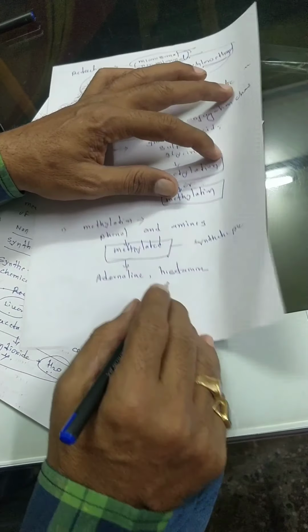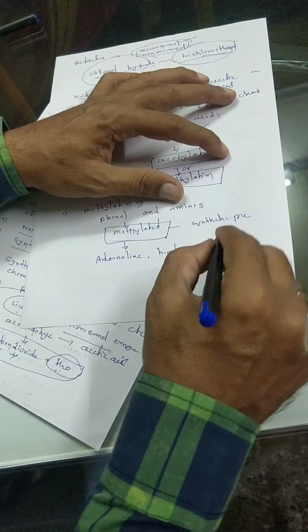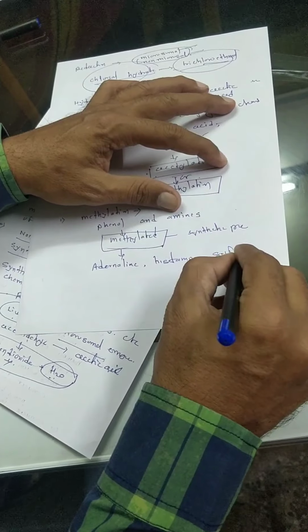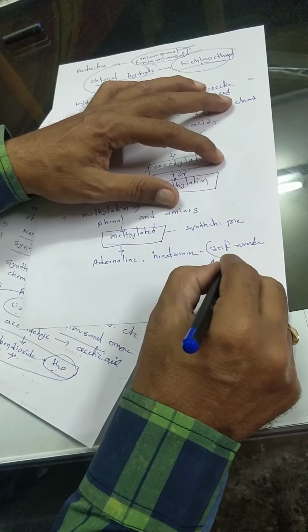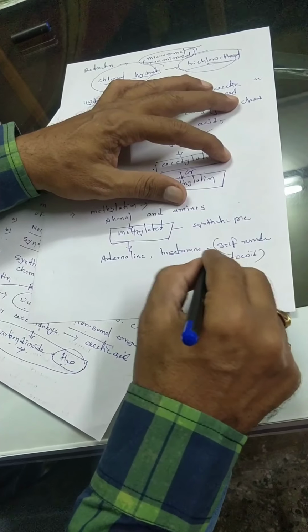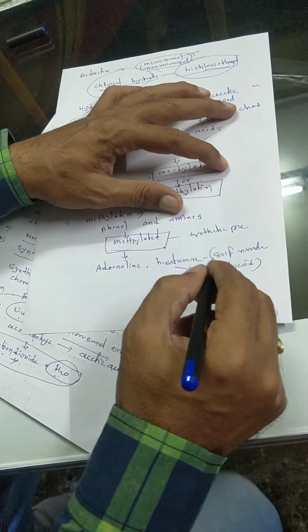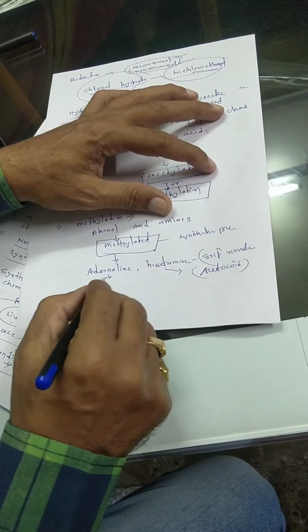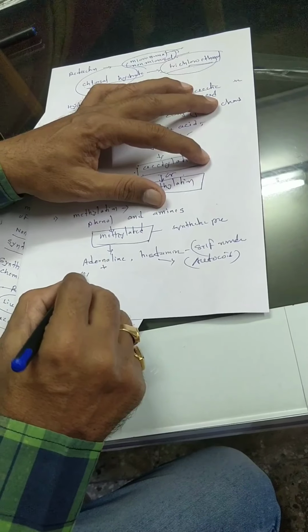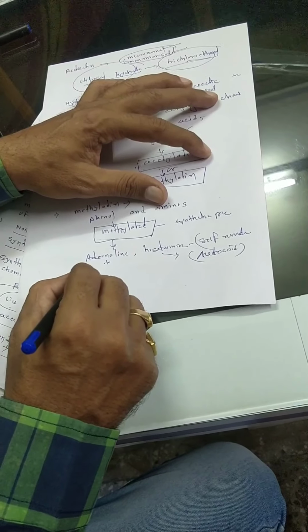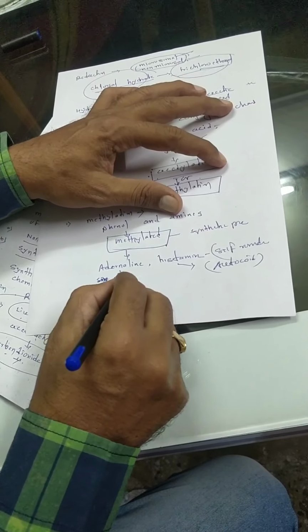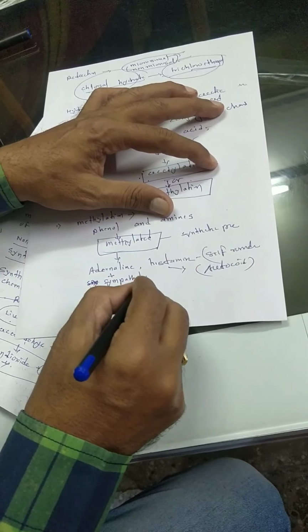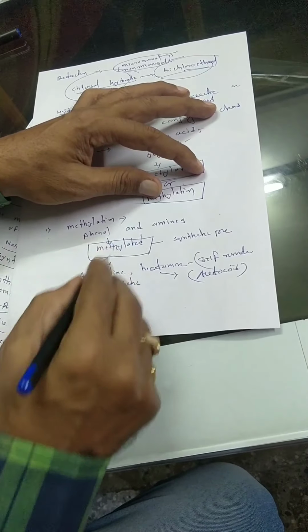Adrenaline is an adrenergic drug. Histamine is a self-remedy acting in the body, called an autacoid. They are synthesized in the body. Adrenaline is a sympathetic drug. That is the process of methylation.